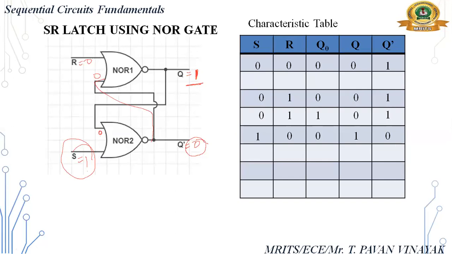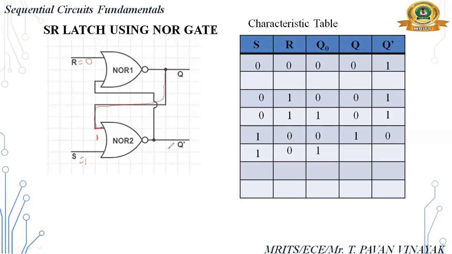Suppose the previous value is 1. Again R is equal to 0, S is equal to 1. So the previous value is 1, and that value comes here.